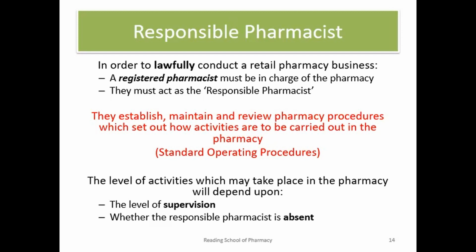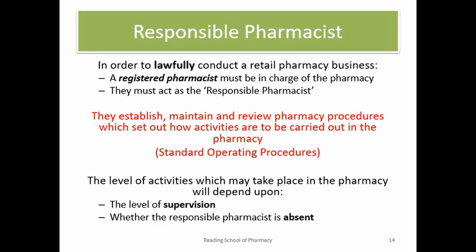Now, the level of activities which can take place in the pharmacy will depend upon the level of supervision and whether the responsible pharmacist is absent or present. So, for example, if a pharmacist steps away and leaves the pharmacy, they are essentially absent. However, if the pharmacist is in the back of the pharmacy and the front counter is unmanned, i.e. he or she is not on the front counter, in theory they are not supervising that front counter.